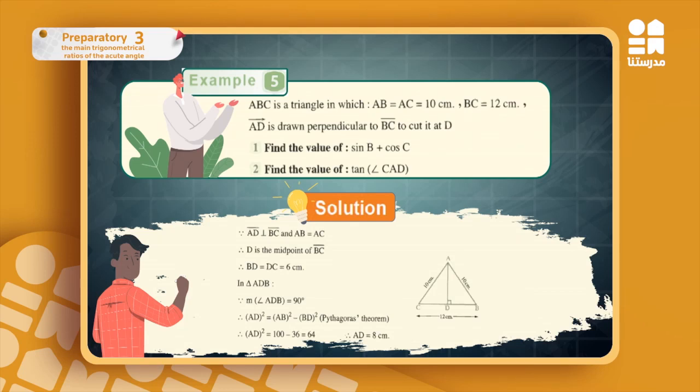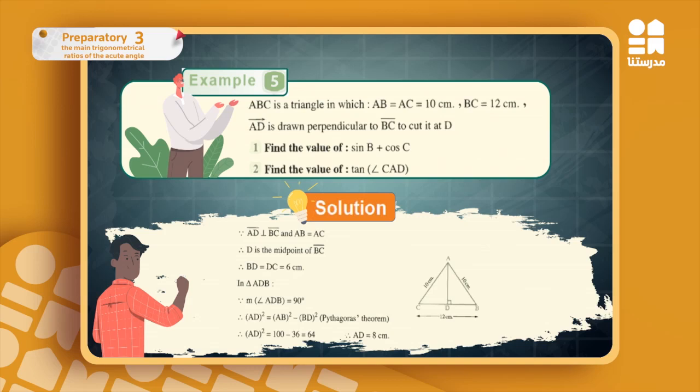If you remember in the second preparatory year, we said if we draw the perpendicular from the vertex of the isosceles triangle, it bisects the base. That means the perpendicular drawn from the vertex A of the isosceles triangle down to the base bisects this base into two equal parts.